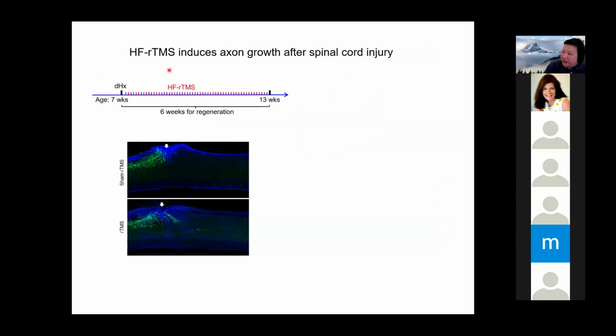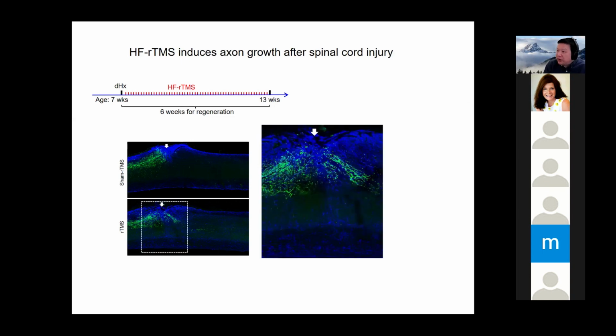In mice without rTMS, there is literally no cortical spinal axon regeneration. And the high-frequency rTMS treatment resulted in axon growth beyond the lesion site, similar to what we saw in mice with BRAF activation before. And this is the same image with higher magnification, as you can see here.